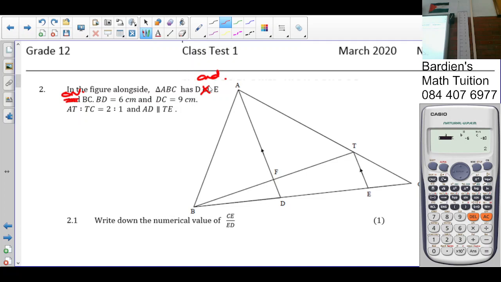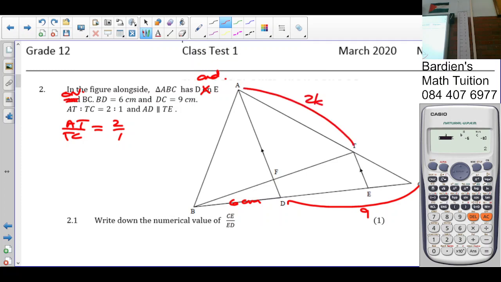DB is 6. DC is 9. AT over TC is as 2 over 1. AT, so it's 2K and K. And AD is parallel to TE.